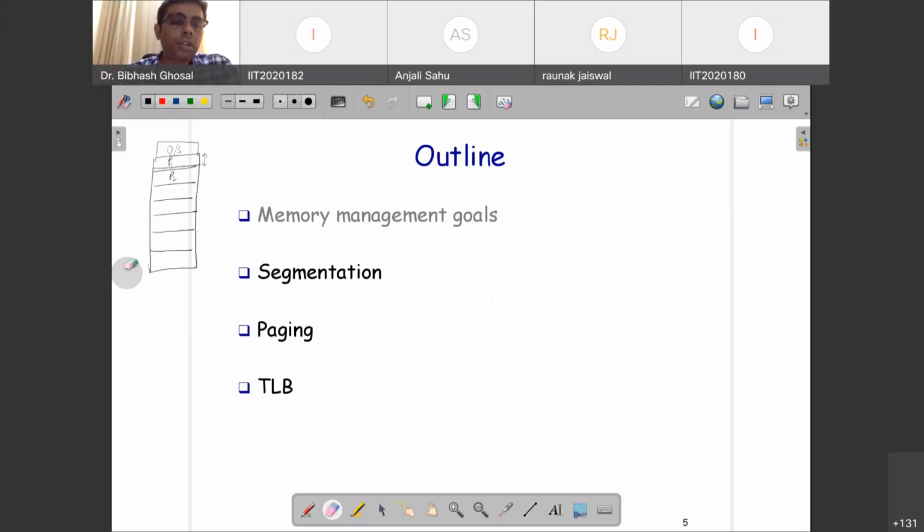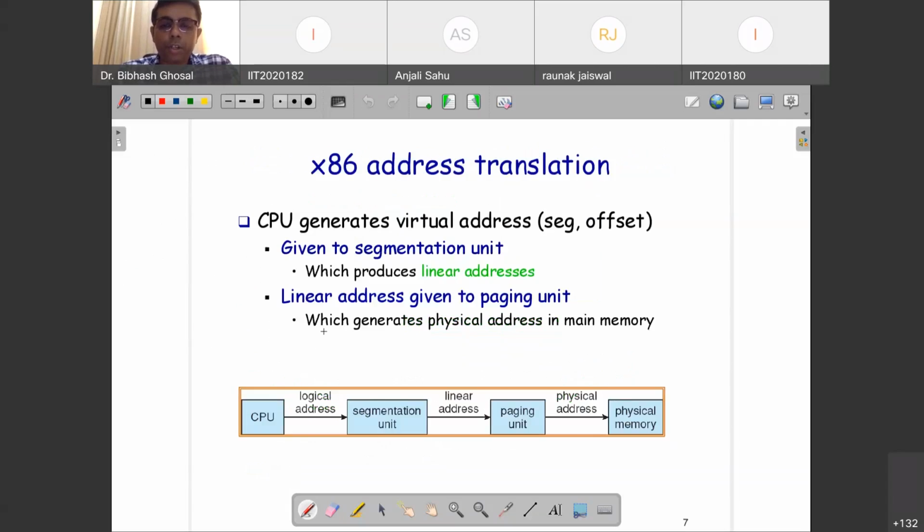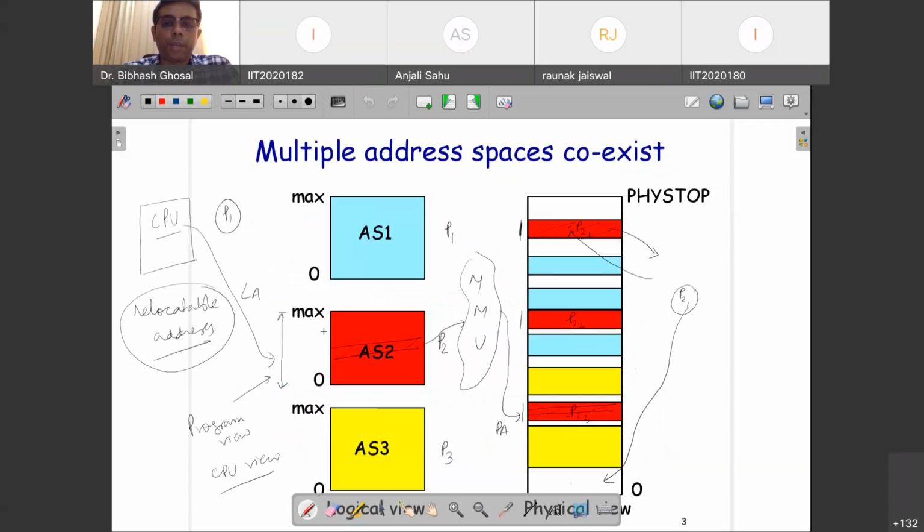This was solved by introducing something called segmentation and paging. These were very interesting ideas where people thought that we will introduce the concept of virtual memory, where instead of keeping the entire process at one place in the physical memory, we divide it into chunks.